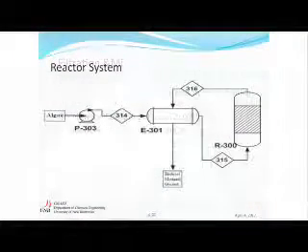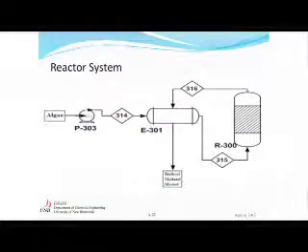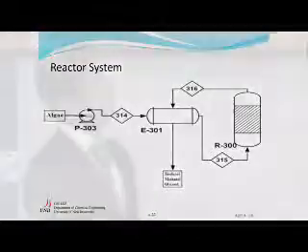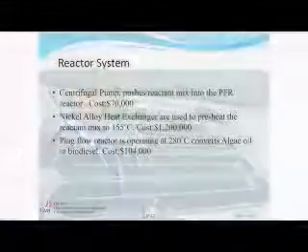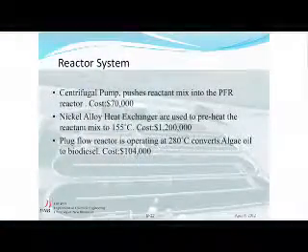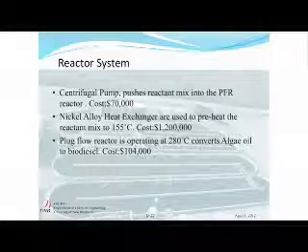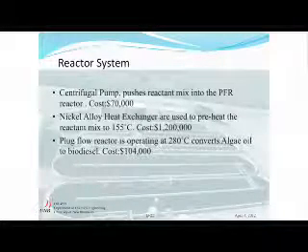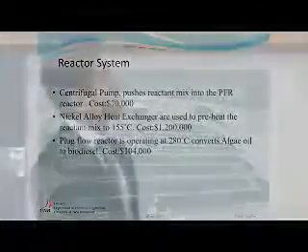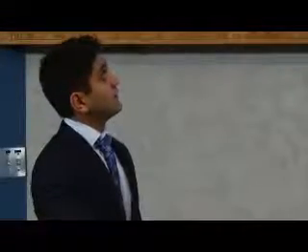Now here we have the reactor system where it goes into its preheated heat exchanger, which heats it to 155 degrees Celsius before it enters the reactor. Now we are using a plug flow reactor that's operating at 280 degrees Celsius and 5 MPa. This is a supercritical reactor.